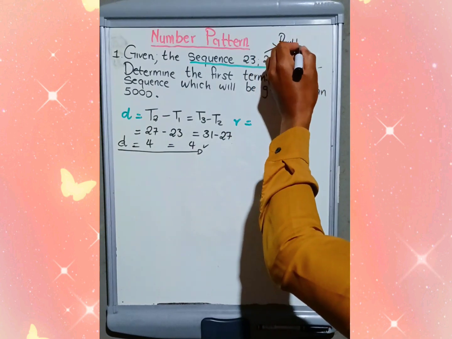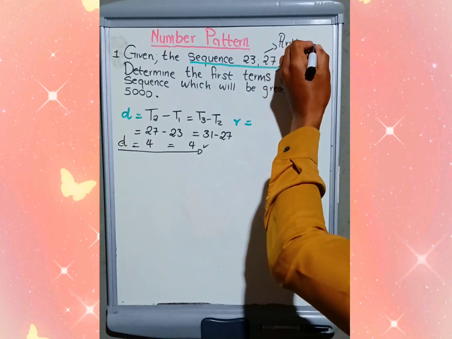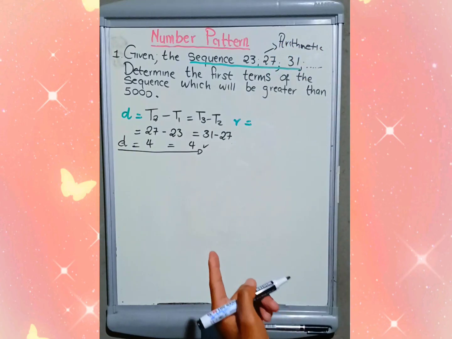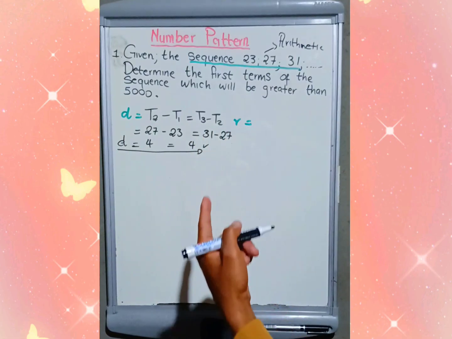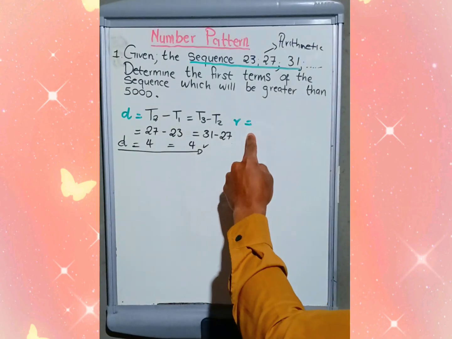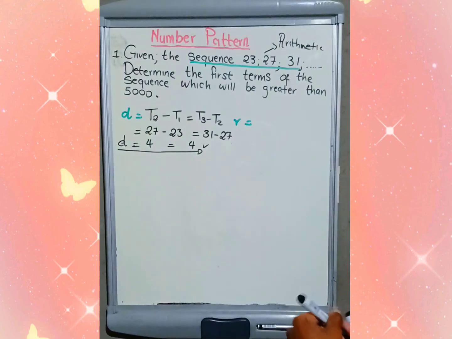Because we have the common difference. That means the question is going to be based on the nth term of the arithmetic sequence. Now let's check that it is not geometric.